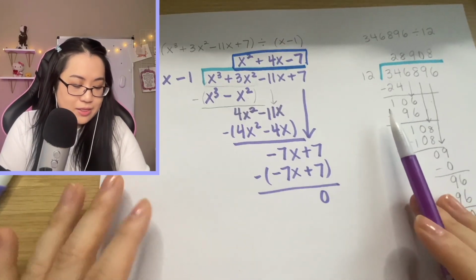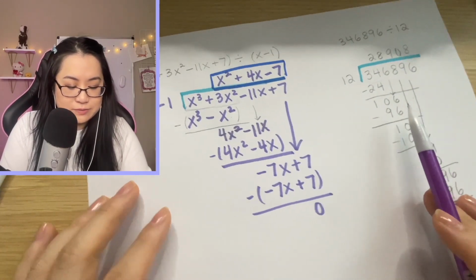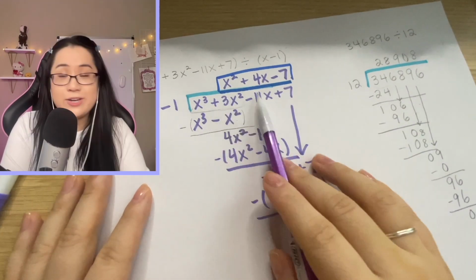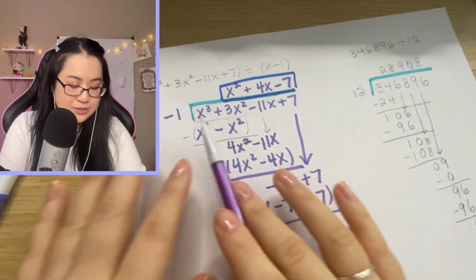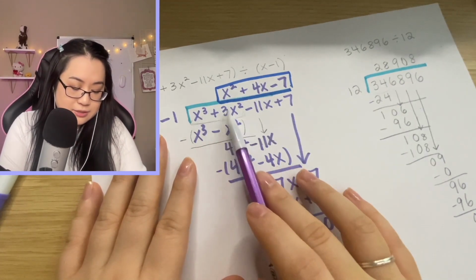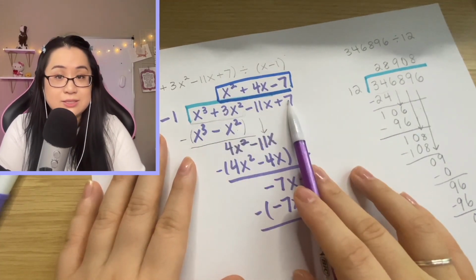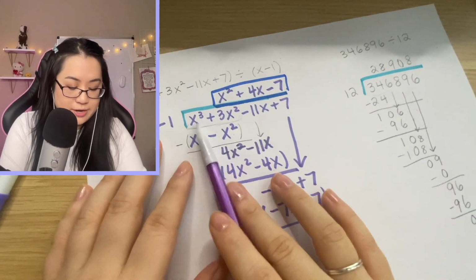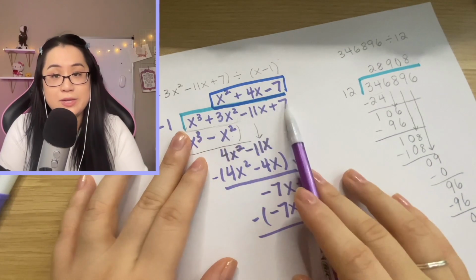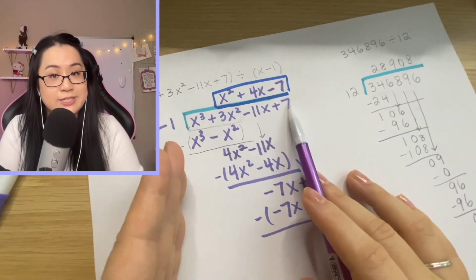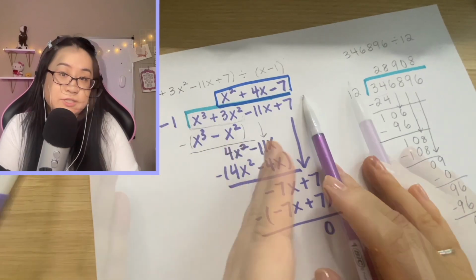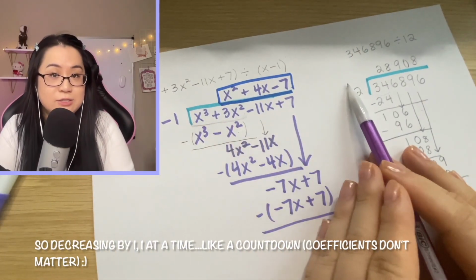And then the other little tip here is that when you actually write this out, in this case we didn't have to worry about it because the exponents worked out nicely, but when you write out each of these terms, you want to make sure that the degrees or the exponents are decreasing consecutively.